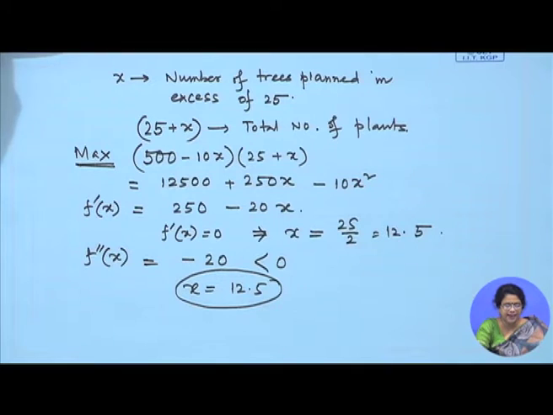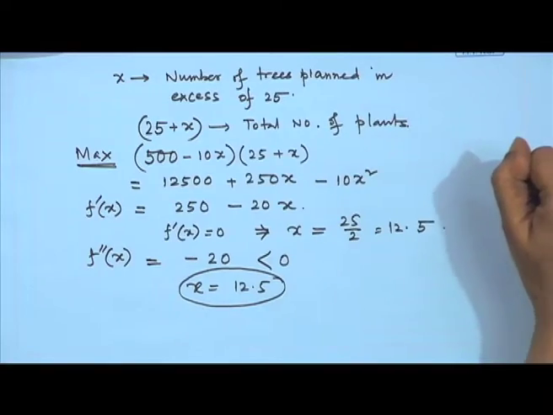What other restriction do you get? The number of trees cannot be fractional. That is why this kind of optimization problem is named a discrete optimization problem. But if we find the feasible space here, we are considering the whole range from x equal to 0 to infinity, which is totally continuous.